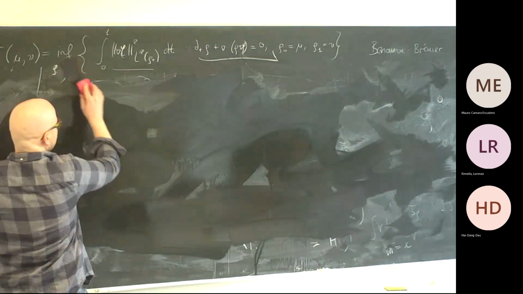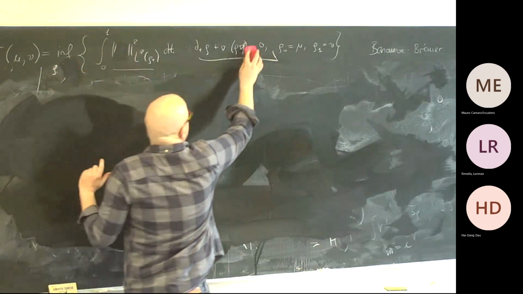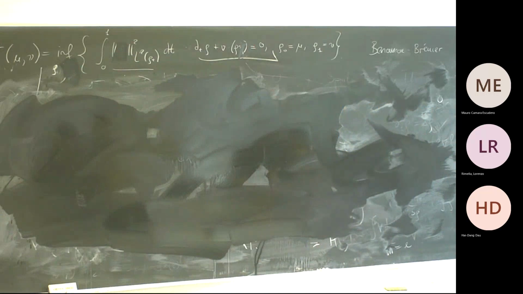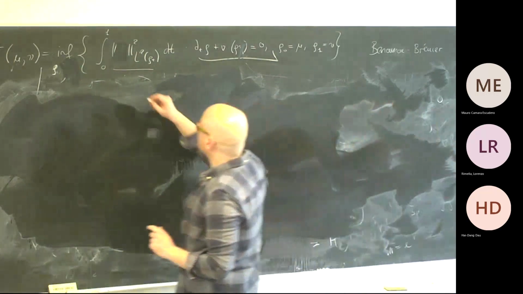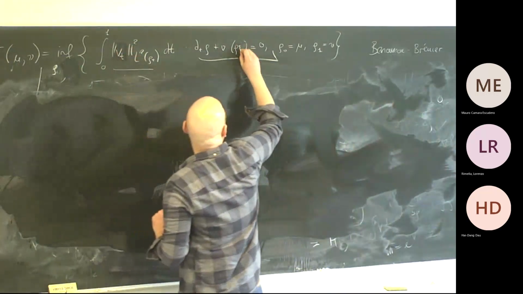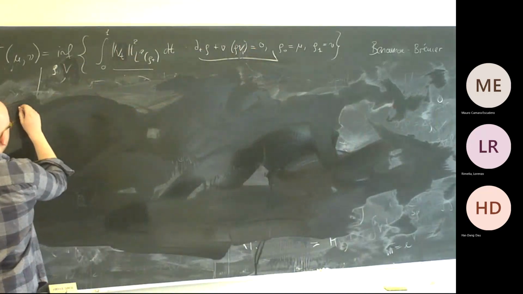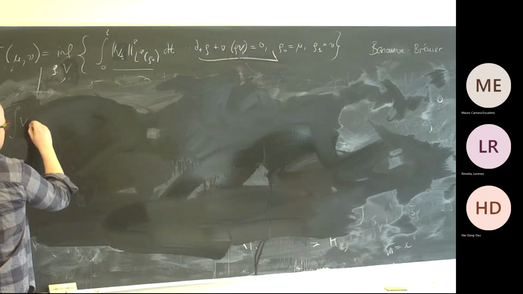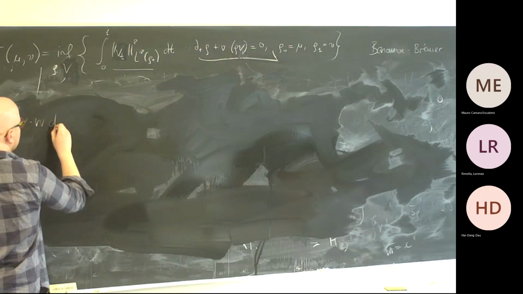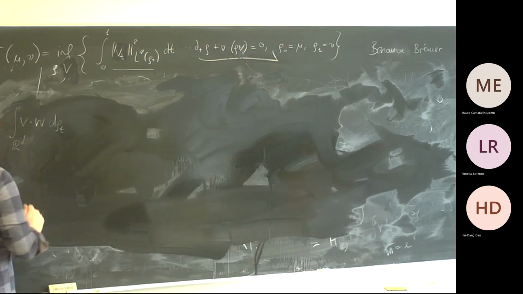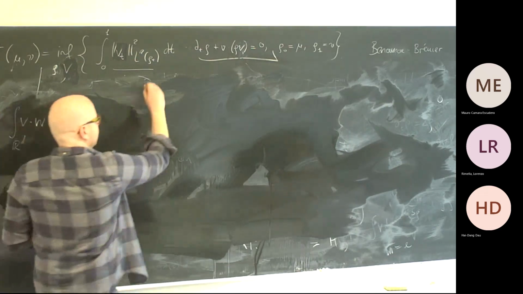So let's go back to the V. Before we had this, let's say V, W. Remember we had this space.